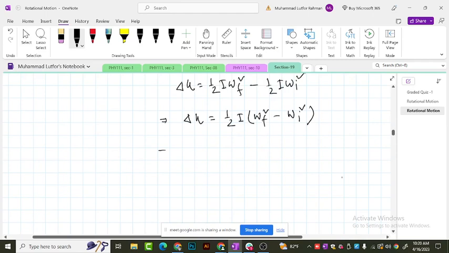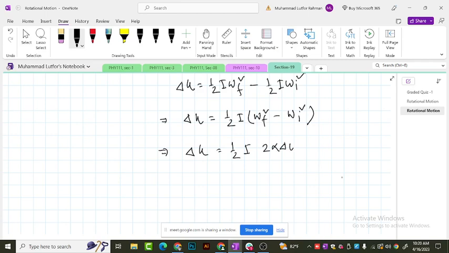Now this thing, del K, half of I omega F square minus omega I square, I can write as basically I times alpha into del theta. How?